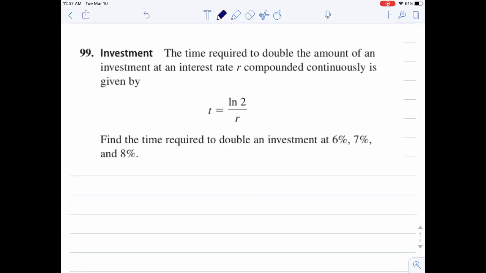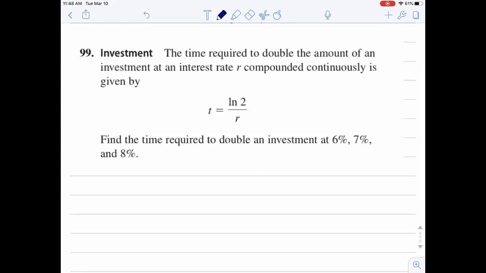But so the time required to double the amount of an investment at an interest rate R compounded continuously is given by, so this is at continuous compounding. It actually works for pretty well any compounding, but I think it's the log of something slightly different, I want to say. No, maybe it is 2.